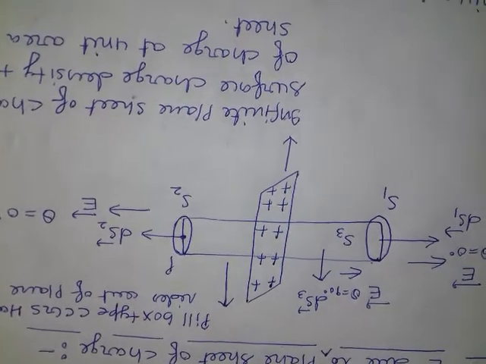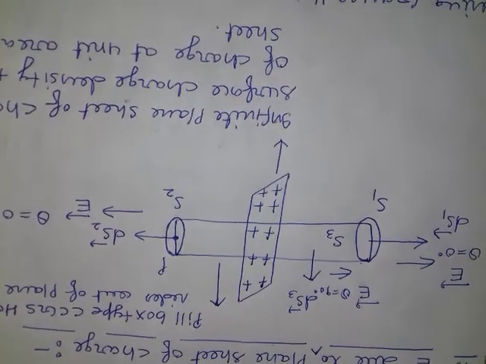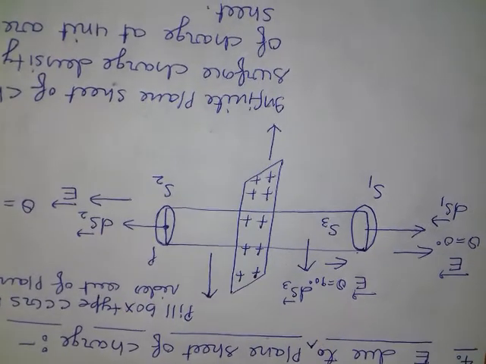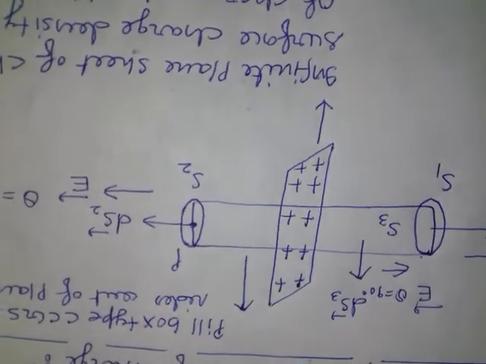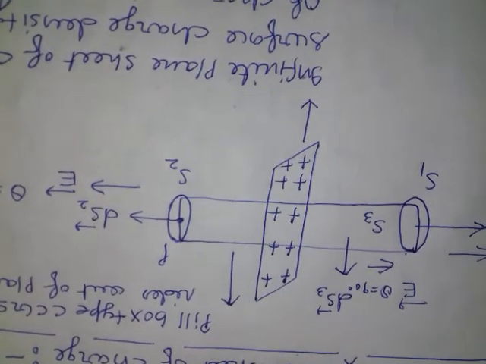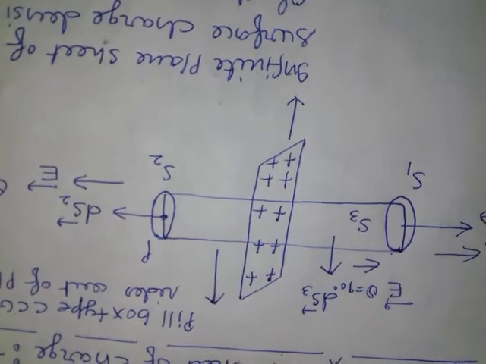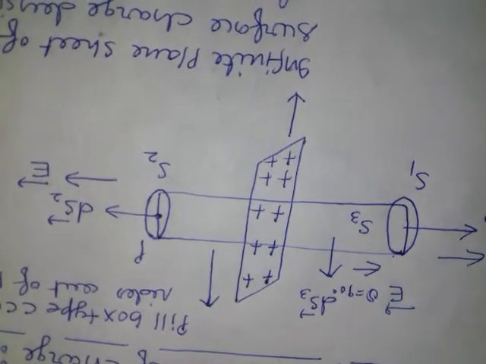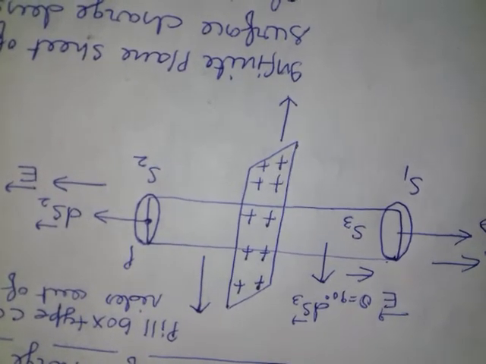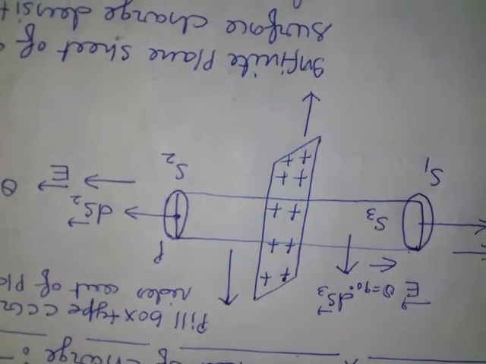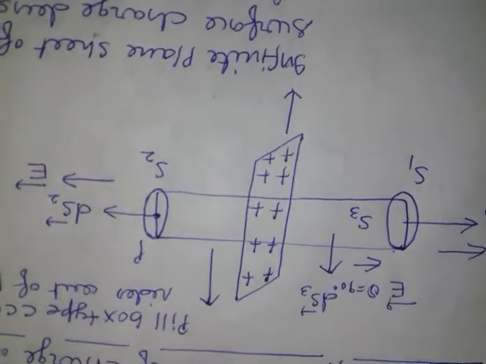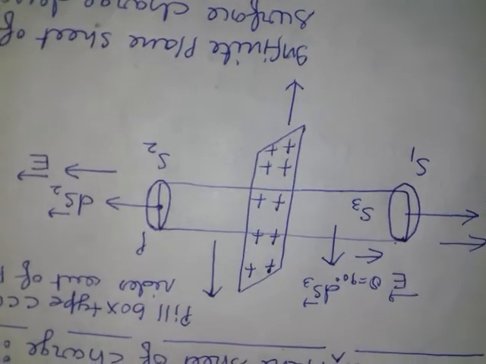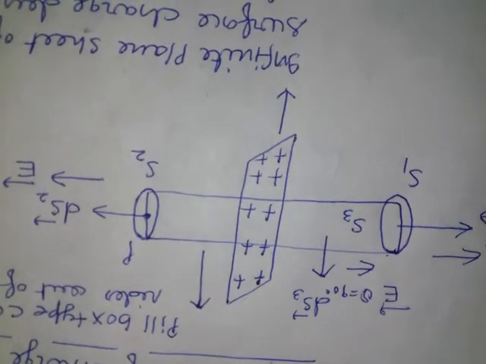Here the distribution of charge is over a plane thin sheet, and you have to calculate the electric field at point P, which may be on either side of the plane sheet of charge. Here it is at the right hand side.